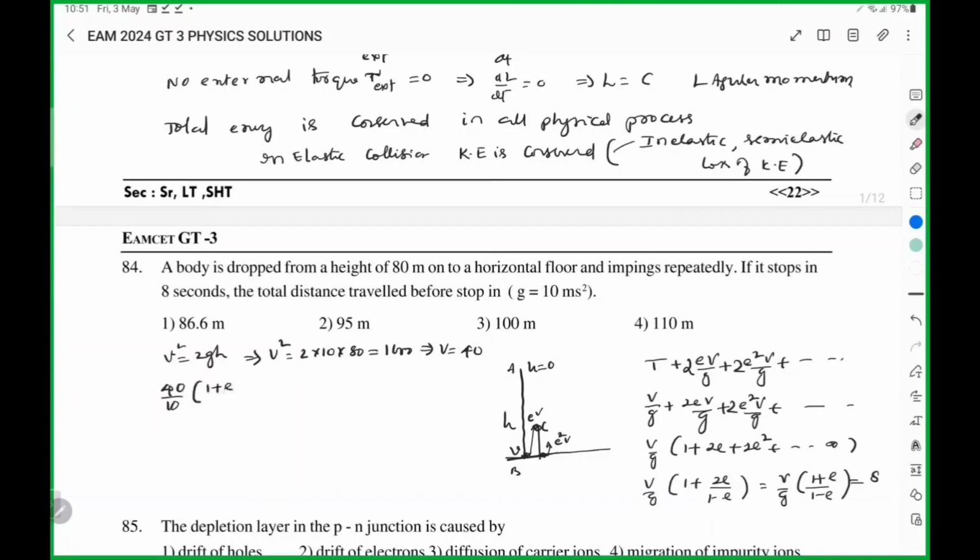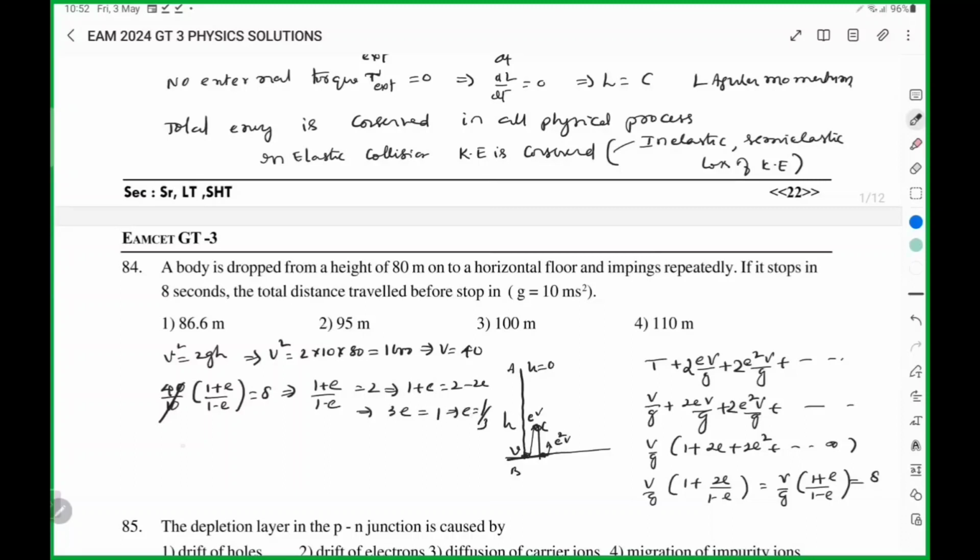So 1 plus e by 1 minus e is 2, 1 plus e by 1 minus e; from this we can say e is 1 by 3.